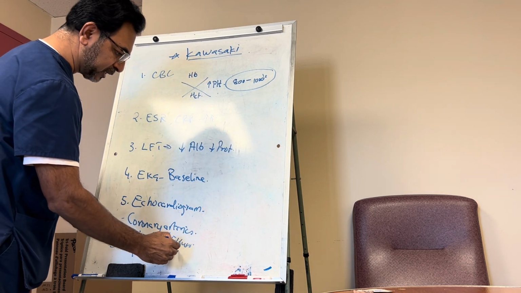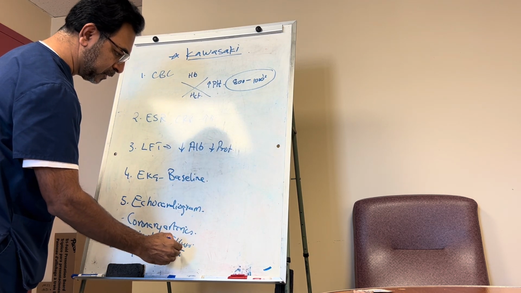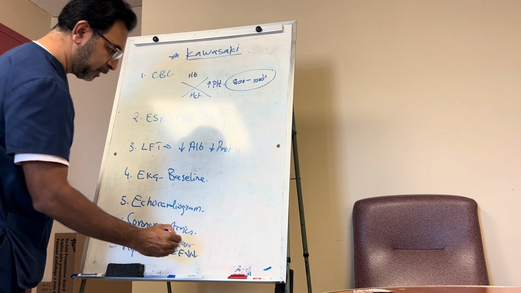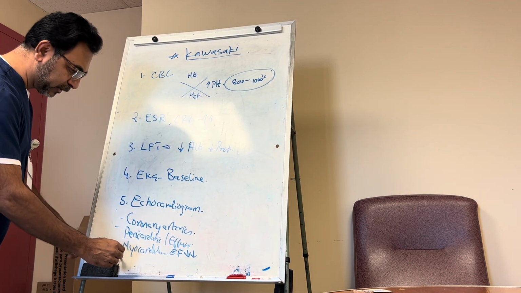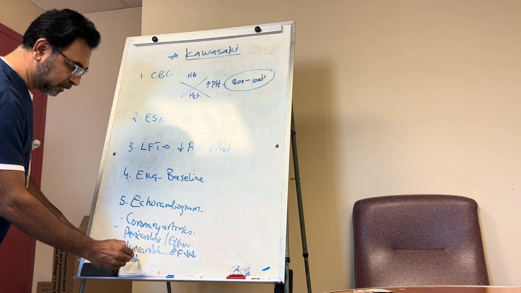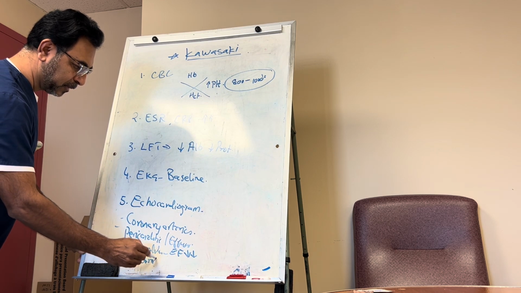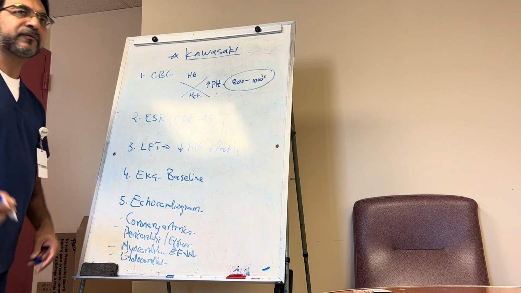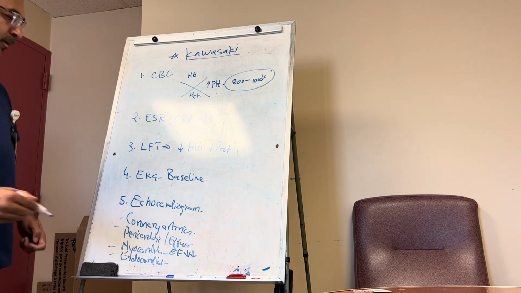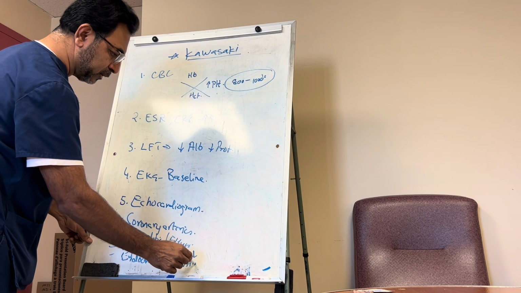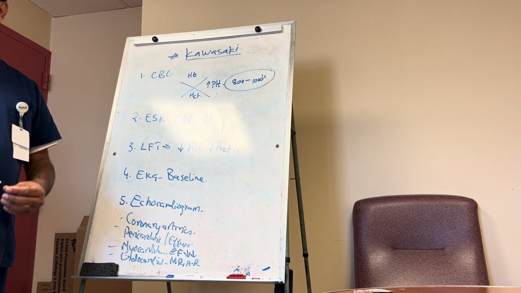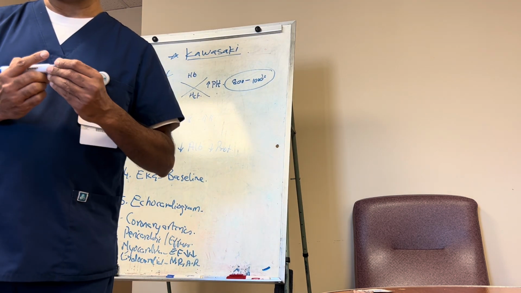Your ejection fraction is very low. Okay, and you can also look for any endocardial involvement in the form of regurgitation. You can have mitral regurg, aortic regurg, all of those. Okay, so that's why we do echocardiogram.